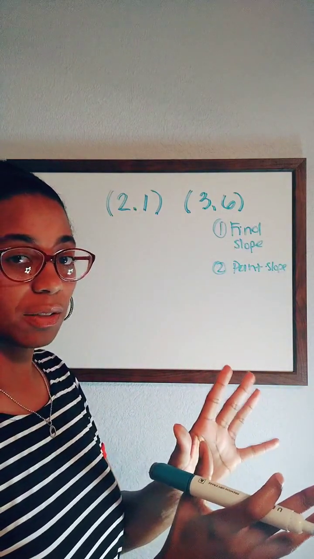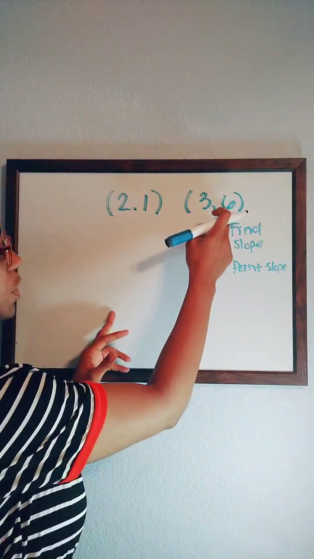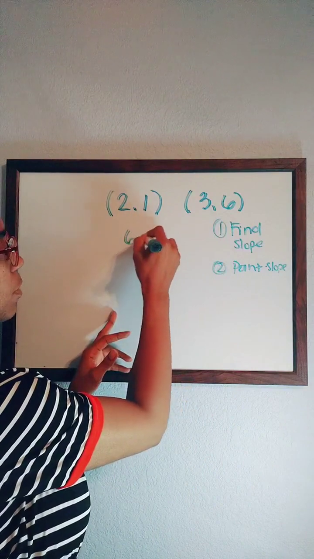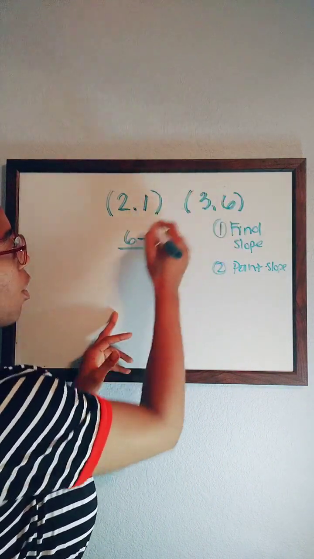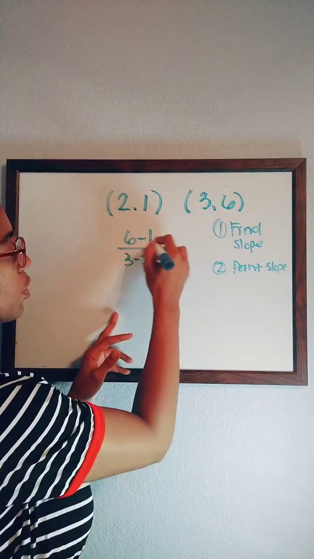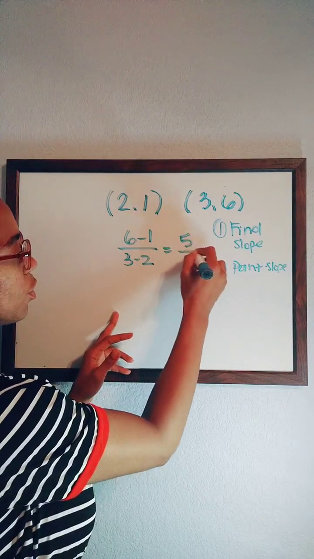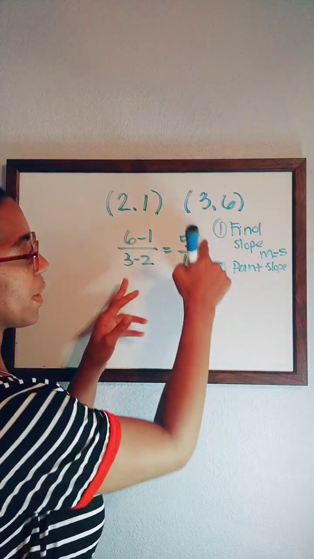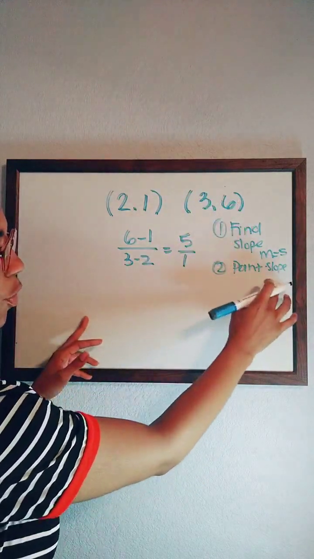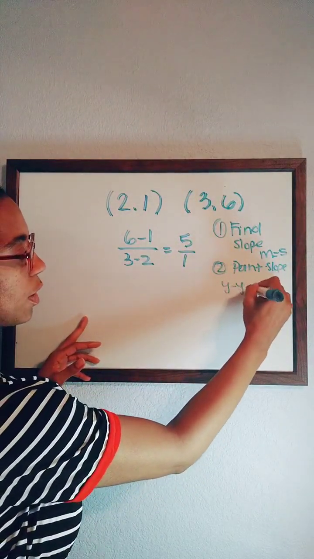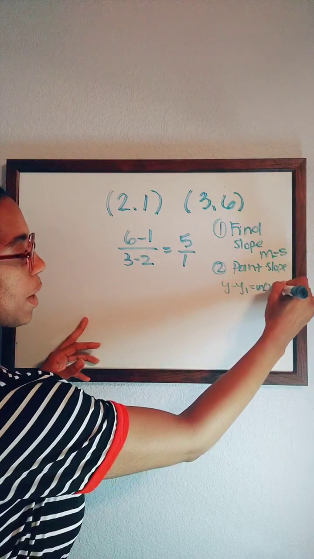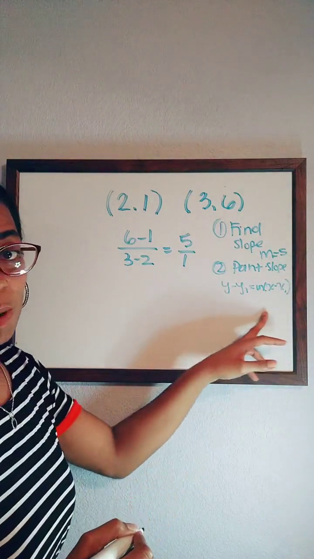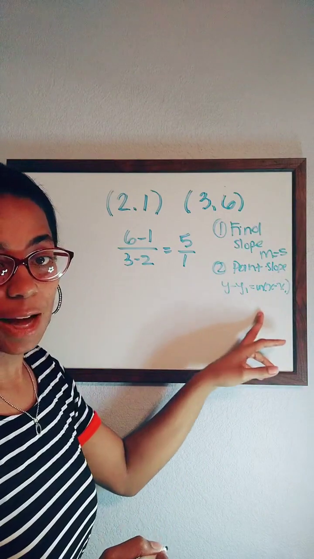So 6 minus 1 over 3 minus 2. 6 minus 1 is 5, 3 minus 2 is 1, so my slope is 5. Now I insert this into the point slope formula, which is y minus y1 equals m times x minus x1. This is for anybody who needs to learn how to write the equation of a line.